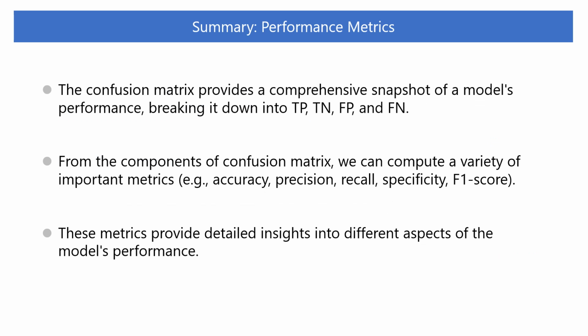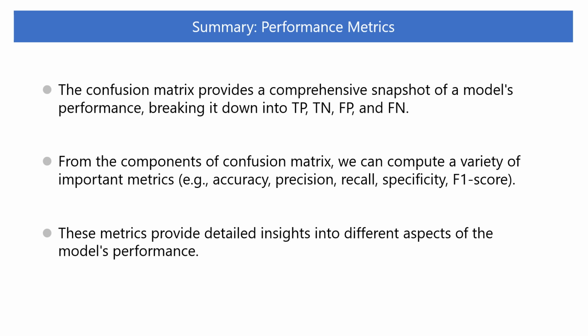The confusion matrix provides a comprehensive snapshot of a model's performance, breaking it down into the basic components of true positive, true negative, false positive, and false negative. From this, we can compute a variety of important metrics such as accuracy, precision, recall, specificity, F1 score, and G-mean.